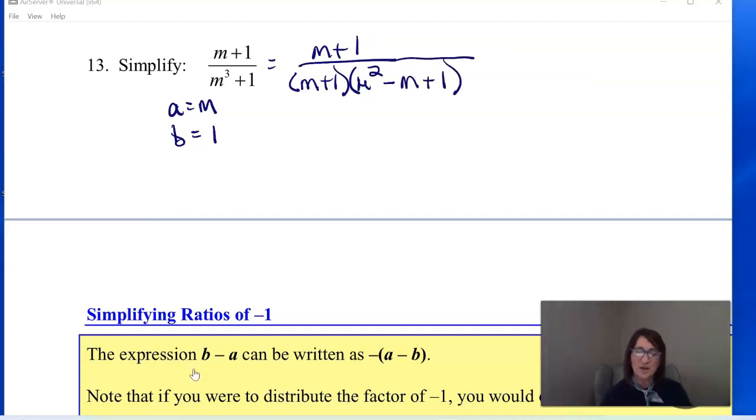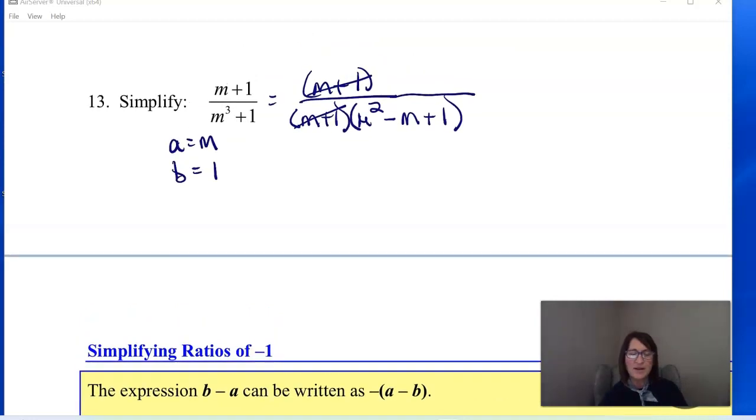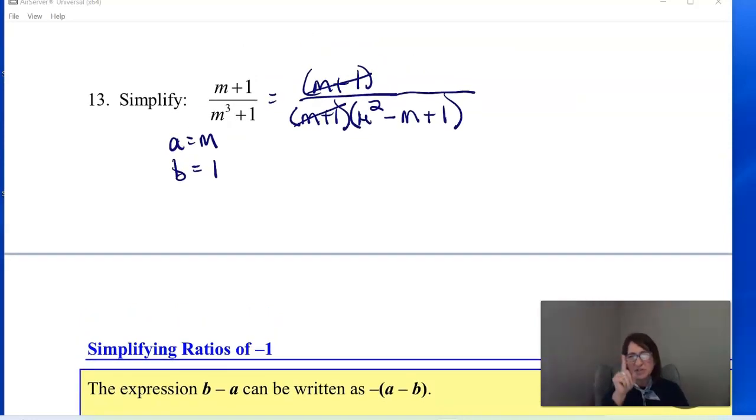All right, so my m plus 1s reduce, but they reduce to 1. So there's a 1 left there. So my final answer is not m squared minus m plus 1. It's 1 over m squared minus m plus 1. A very different animal.